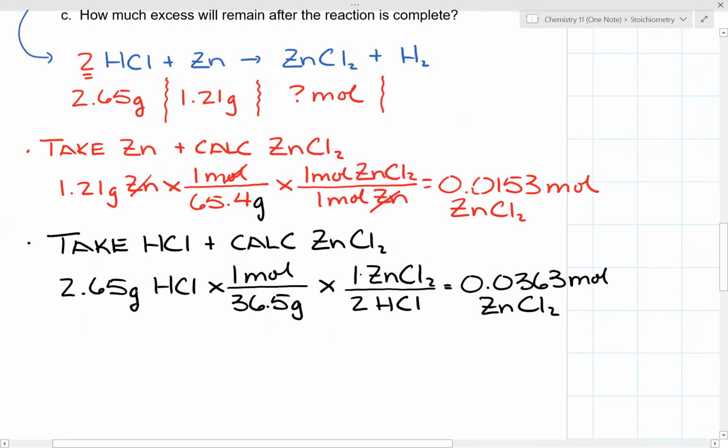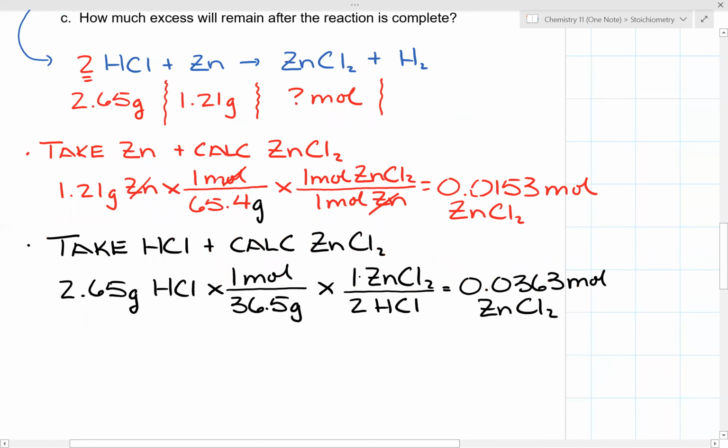So what's the significance of this? Now you have 2 possible amounts of zinc chloride produced: one that's 0.0153 and the other is 0.0363.